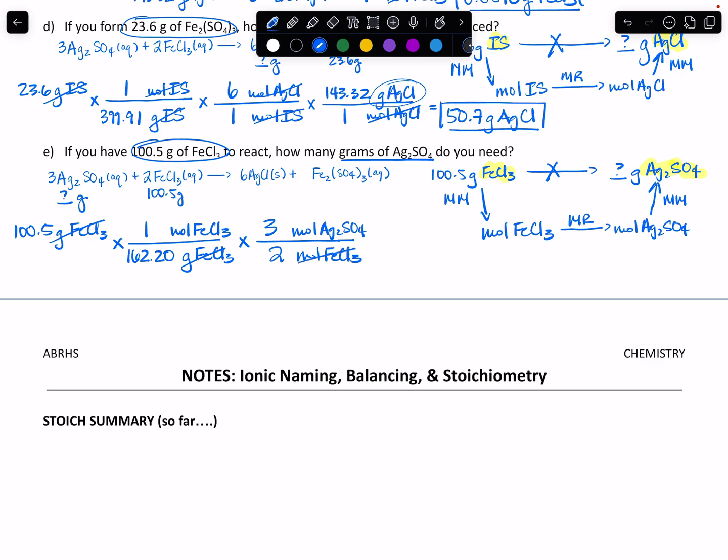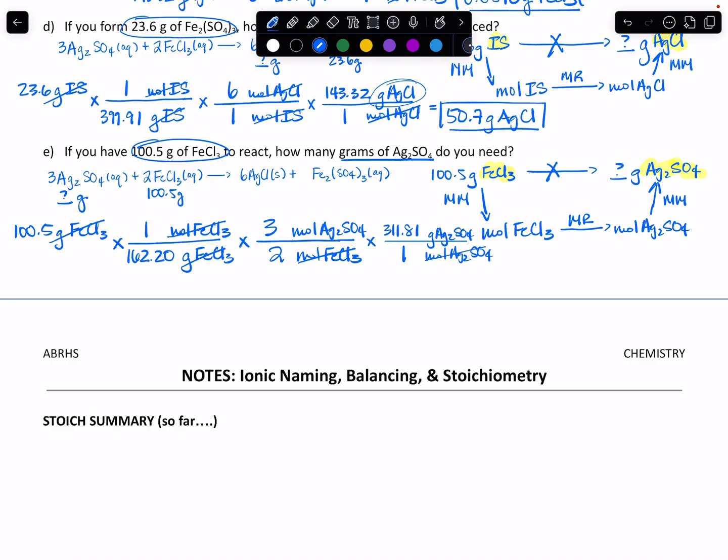That's going to let me cancel the moles of iron 3 chloride, and then I'm going to wrap it up by doing a molar mass step. So moles of Ag2SO4 on the bottom, grams of Ag2SO4 on the top, I'm running out of room, and 1 mole of silver sulfate has a molar mass of 311.81 grams.